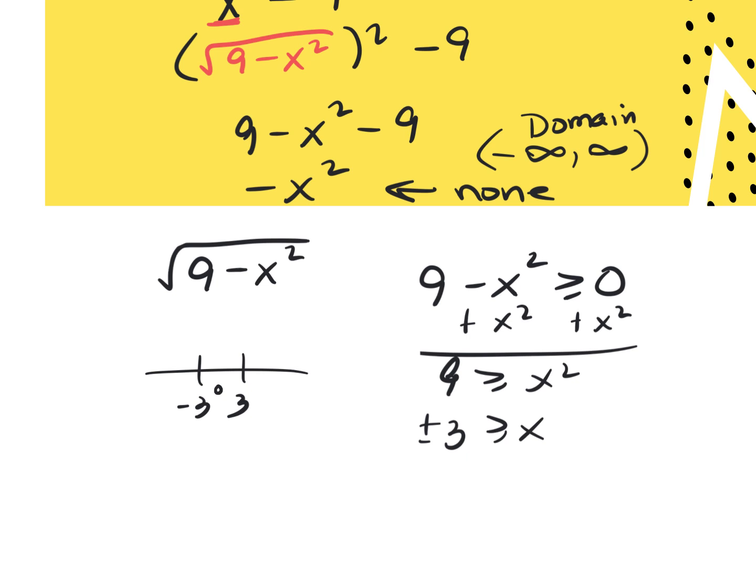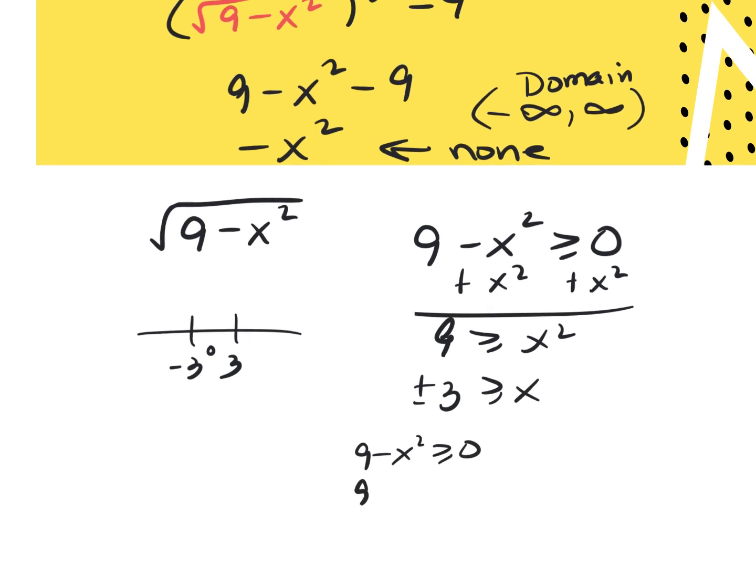So if I put a 0 here in between my negative 3 and positive 3, and then plug it back into the original, 9 minus x squared greater than or equal to 0. Once I plug in a 0, I get 9 greater than or equal to 0. This is a true statement. So my check mark is going to go here.